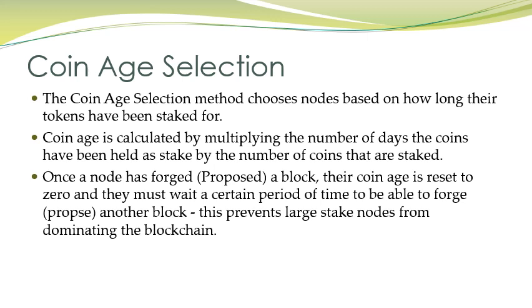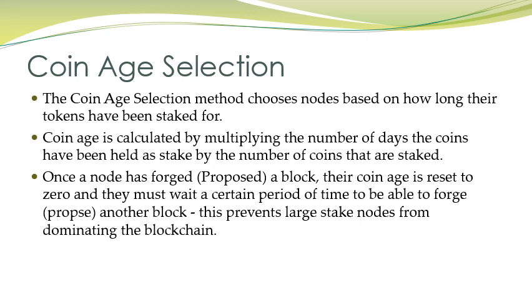The node will get the chance to propose a block after a certain amount of time, but it will not get an immediate chance. So once a node has forged a block, its coinage is reset to 0, and it must wait for a certain period of time to be able to propose a block, to forge a block in the Bitcoin network.